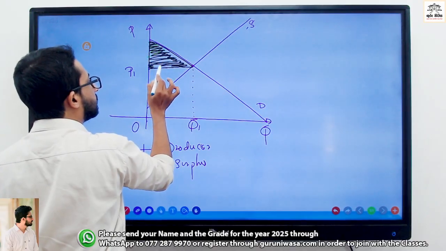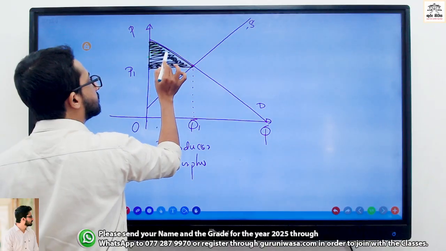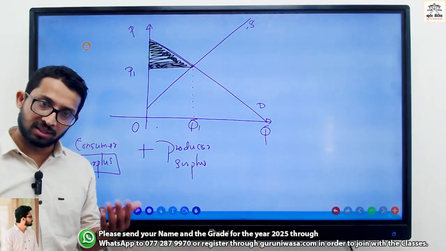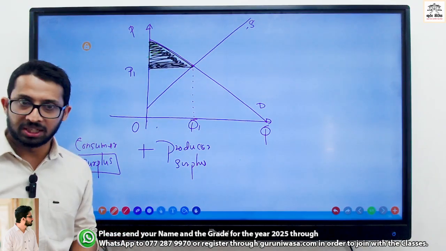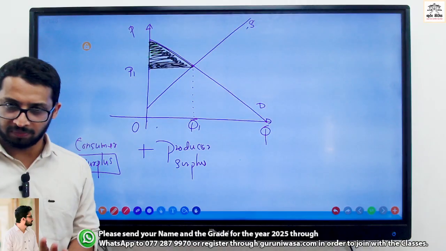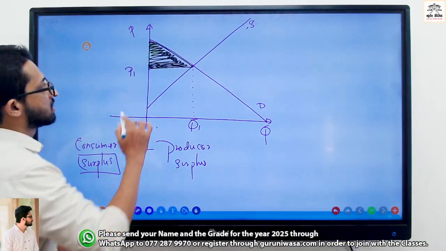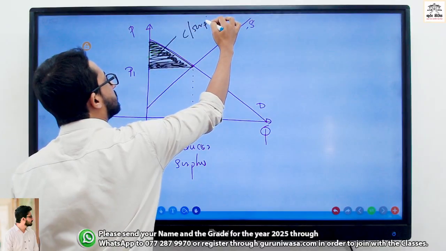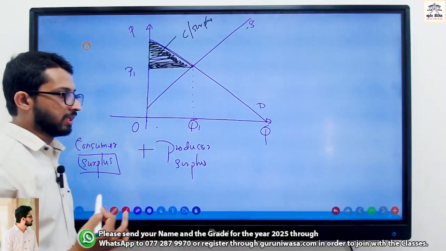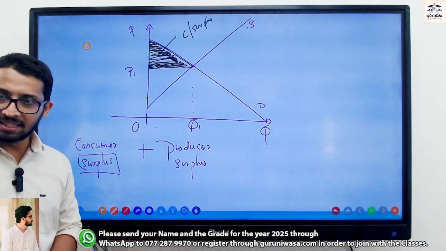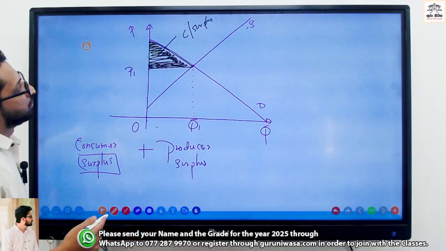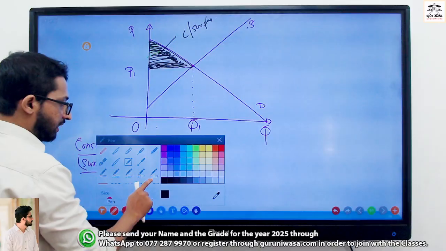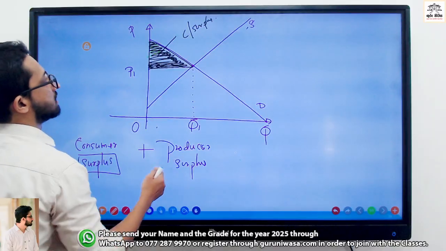I explained the theory part and the calculation. This is called consumer surplus. The consumer gets this advantage because the consumer is willing to pay an even higher price.